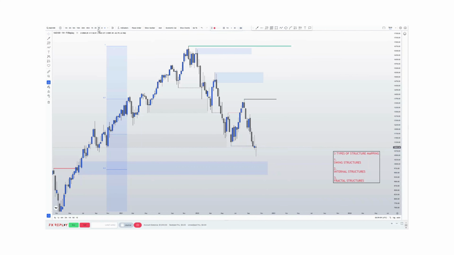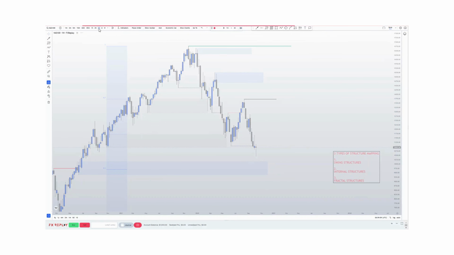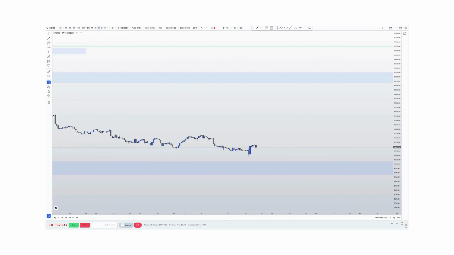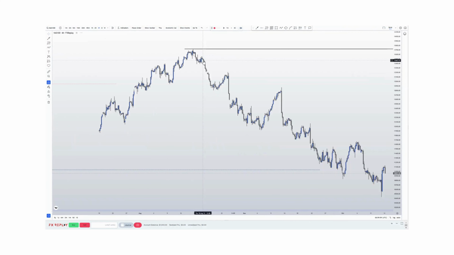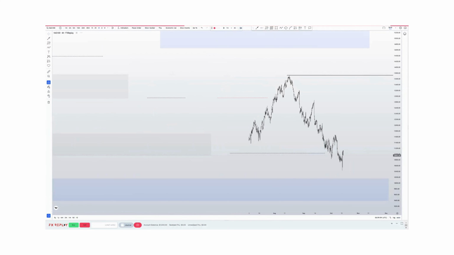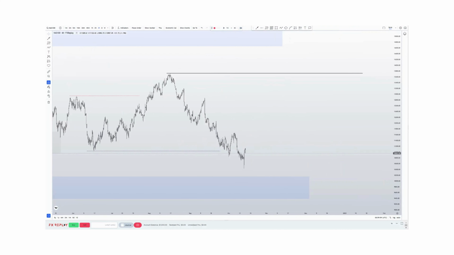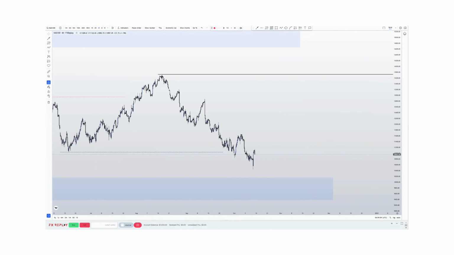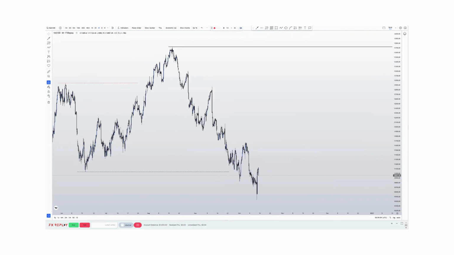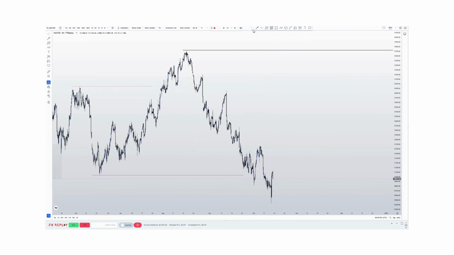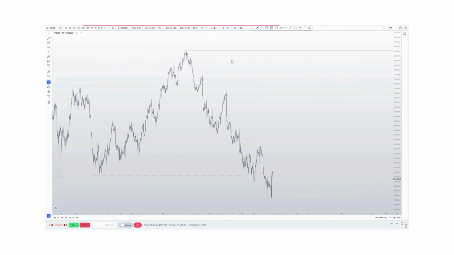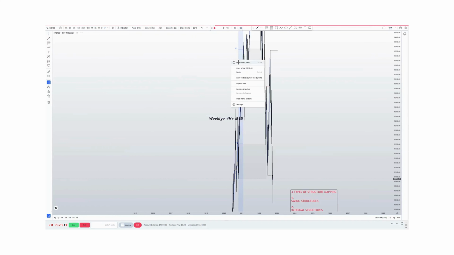But when you look at the H4 chart, whatever the internal of the weekly is usually forms the swing structures on the H4. Let me just symbolize that clearly.